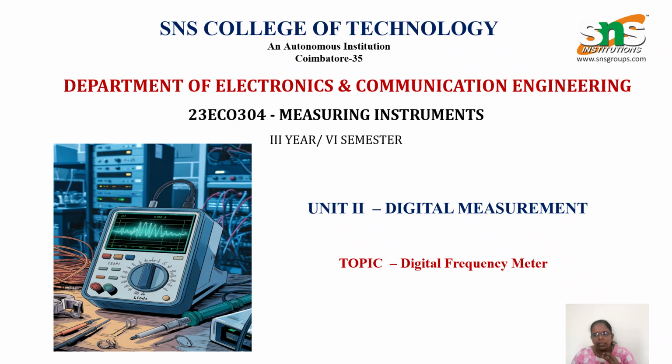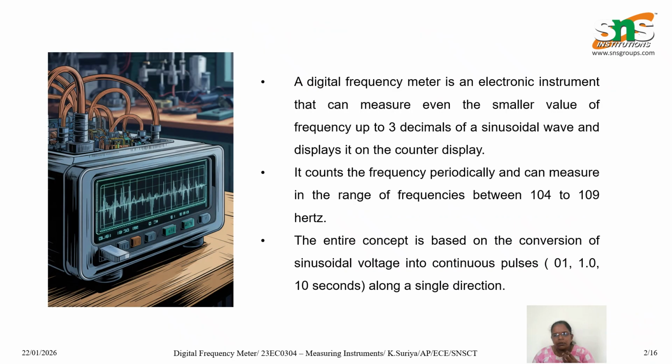In modern electronics and communication systems, accurate frequency measurement is very important because almost every electronic device works based on signals of different frequencies. So, a digital frequency meter is designed to measure frequency accurately and display the measured value directly in digital form.